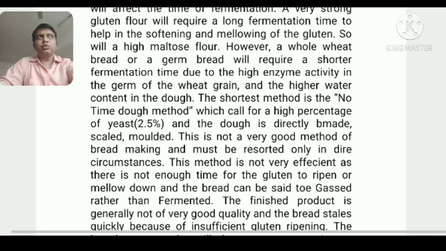In that, we take a good quantity of yeast, about 2.5% more than the normal quantity we use for a normal dough. That yeast activates very quickly and starts the fermentation process very fast. We provide a good temperature and good sugar content to the yeast to start its working.